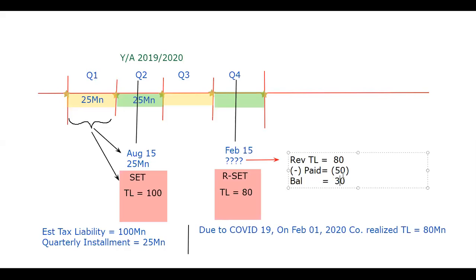Then how much do you need to pay on February 15? Dividing by 2, it is 15 million you need to pay here.